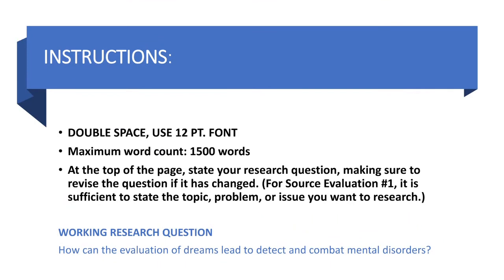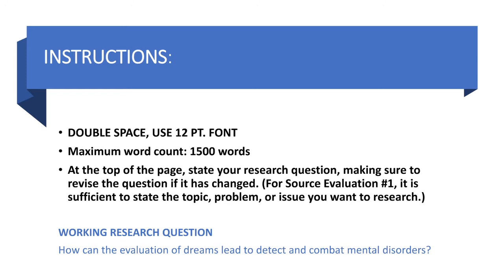All right, let's get into the instructions for the assignment. Here are the formatting instructions. 1,500 words is about 5 pages. There's no minimum. You don't need to produce 5 pages if you do a thorough job content-wise, but try not to go beyond that maximum.